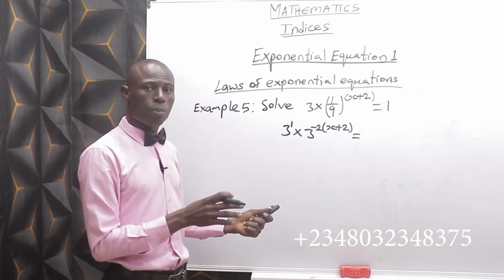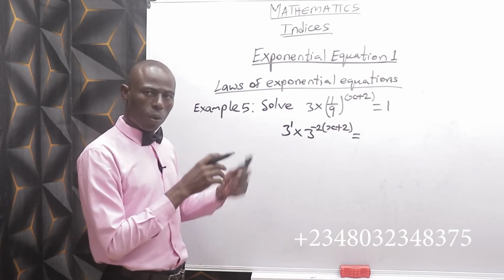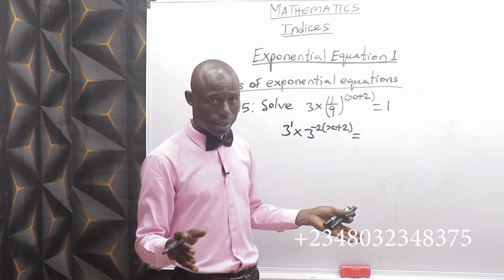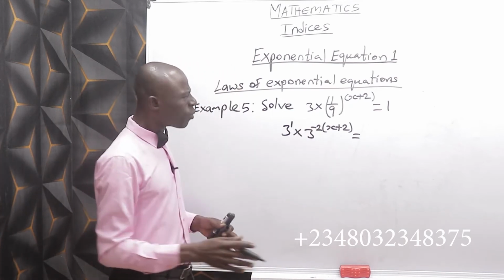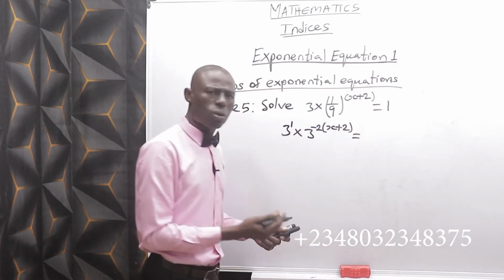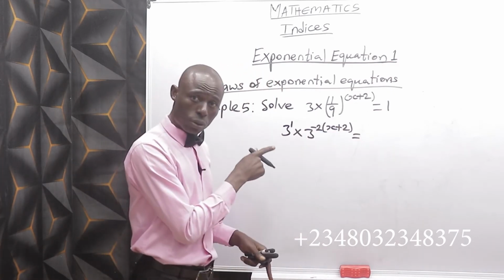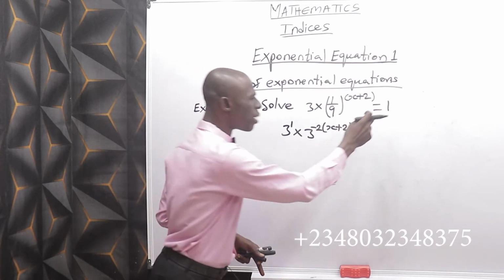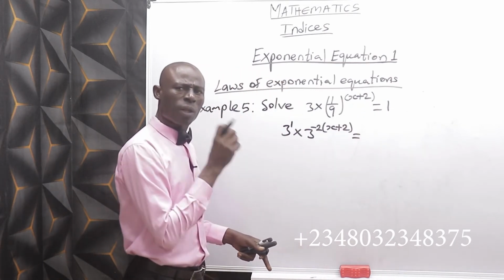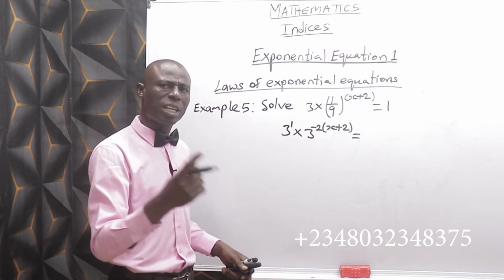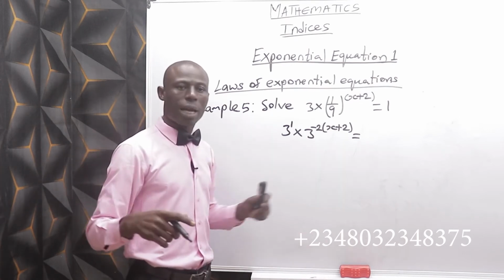In the previous example, something was equated to 1, but through the cross multiplication, the 1 disappeared. So that one is by the way. But in this case, there is no way you can manipulate the 1 other than this way I want to introduce to you now. Wherever you see 1 like this in indices, it simply means that something has been raised to power 0 to give us that 1.